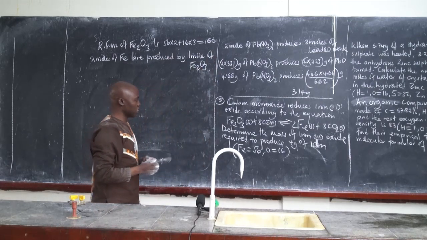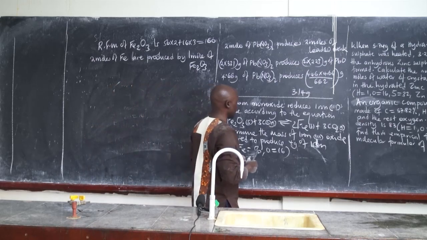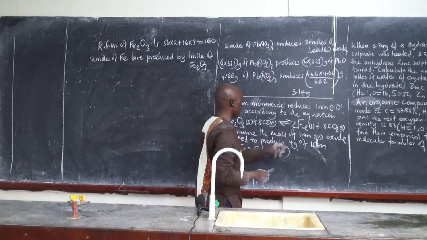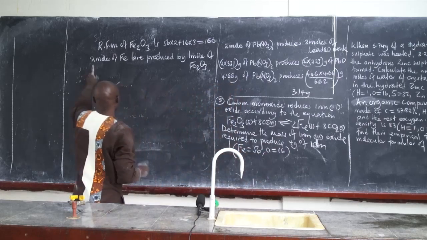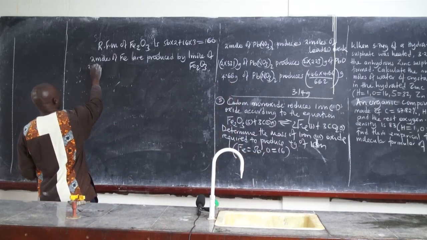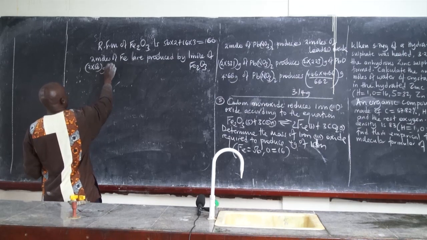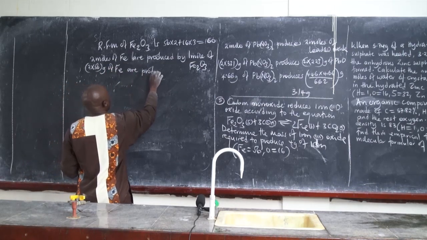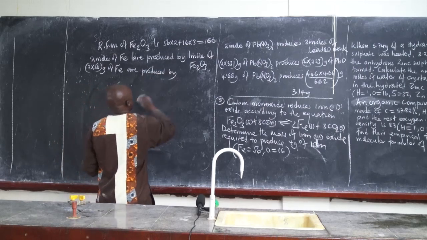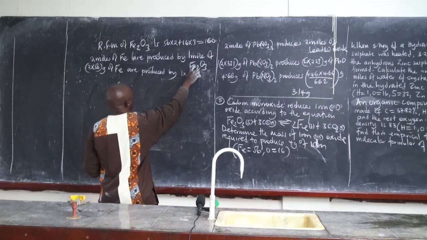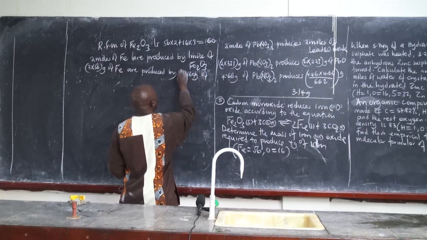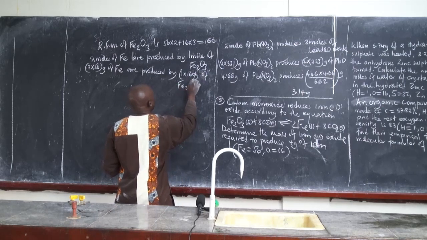I hope you see that. Then the atomic mass of iron is 56, so 56 times 2 grams of iron are produced by 1 times 160 grams of iron(III) oxide.